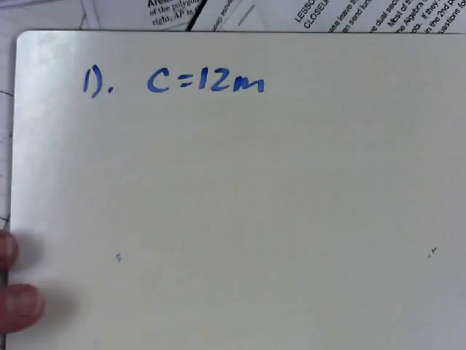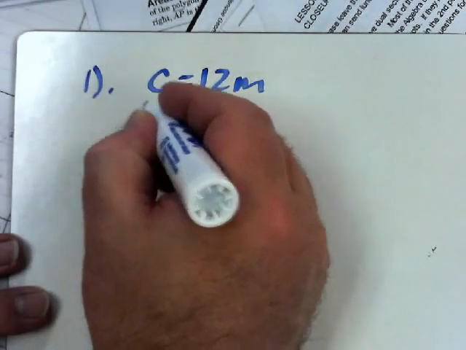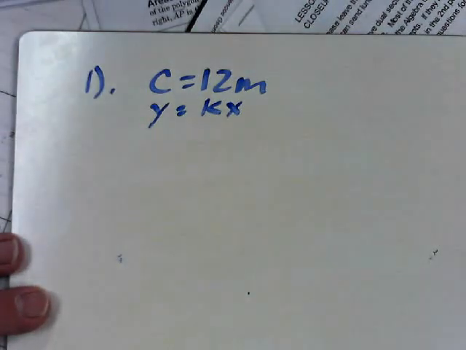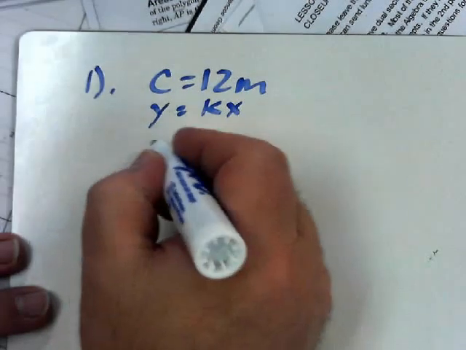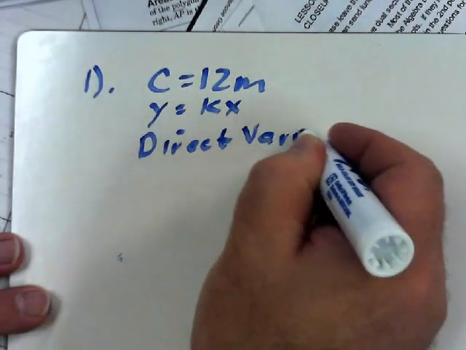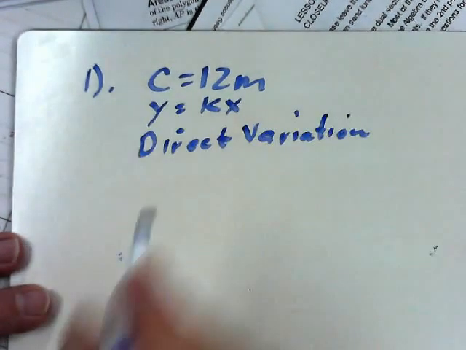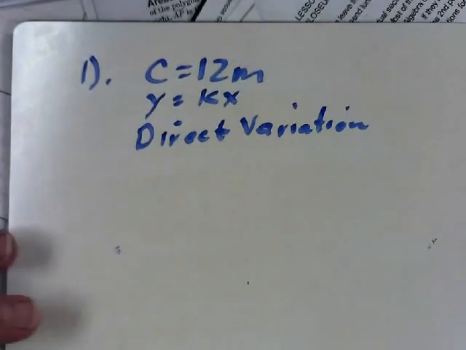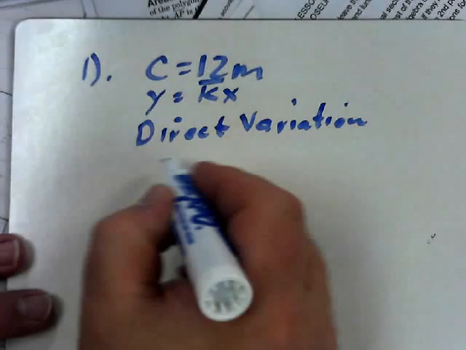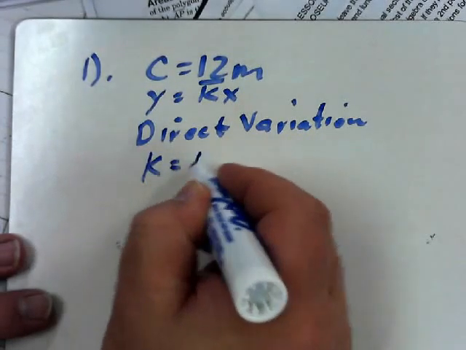It goes with direct because it follows the form y equals kx, doesn't it? So the first one would be a direct variation. And what would be my constant of variation? Well, it's the number right there, which means that the constant k would be 12.